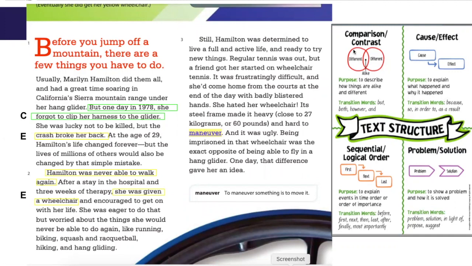She became frustrated because of this. The text even says, one day that difference gave her an idea. And this detail leads me to believe that she is going to come up with a solution later in the text. This detail connected to the central idea of this text.